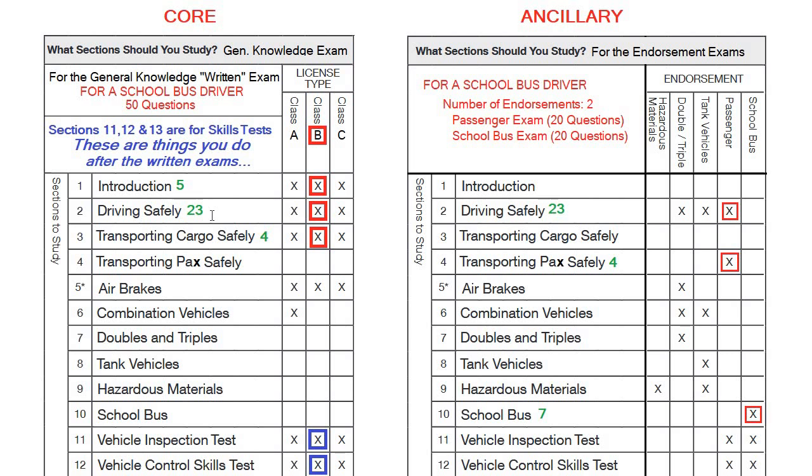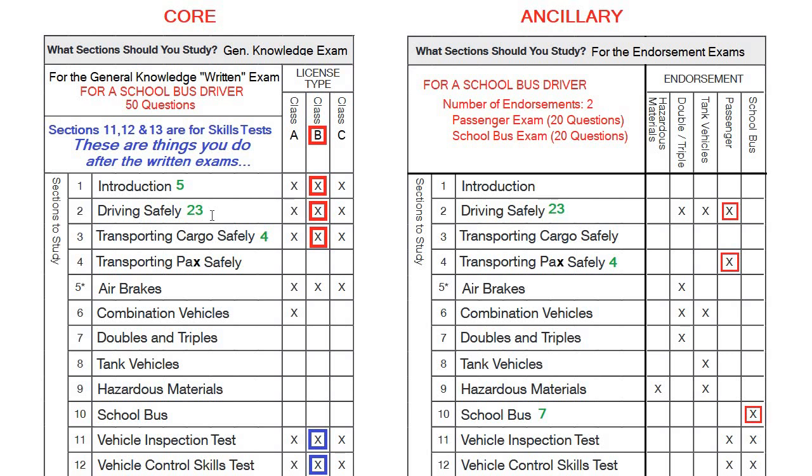Some don't. Now that could have changed, but for example, my state, the last time I checked, and I could be wrong, only had questions in section 2. But I was looking at the Maryland CDL manual, and it has questions for section 1 and section 3 and section 2. Okay, so that's the core element.